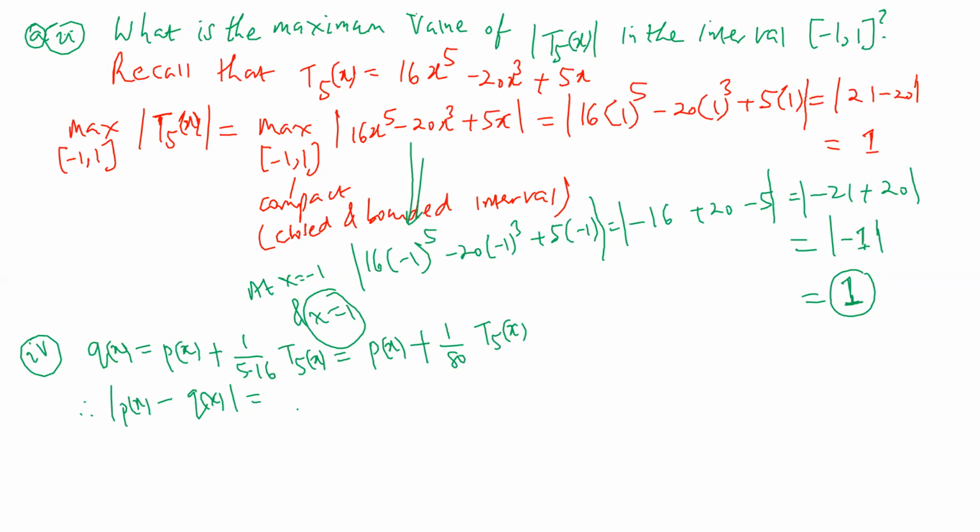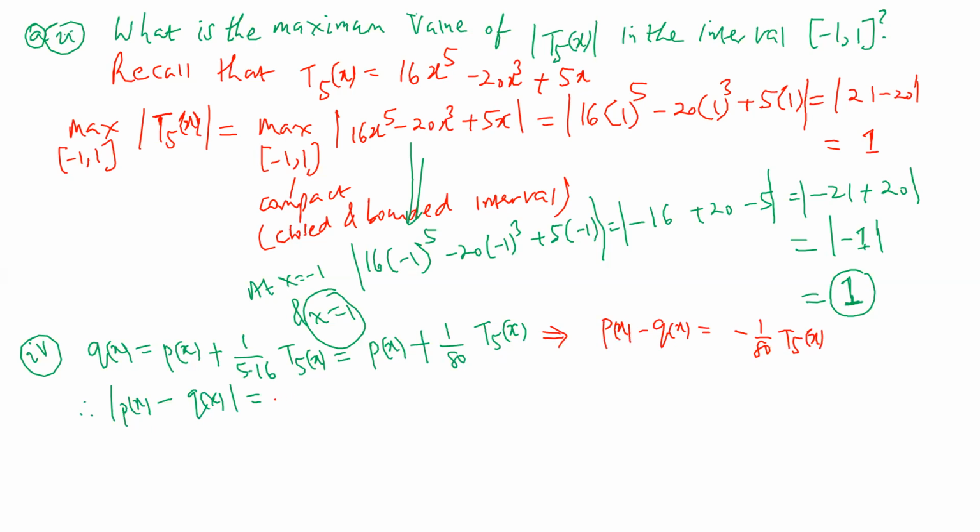So we look at what happened here. This is just algebra. If you look very carefully, we are able to obtain P of x minus Q of x. What is P of x minus Q of x? It is minus 1 over 80 P sub 5 of x.